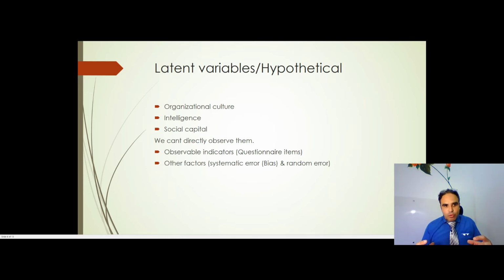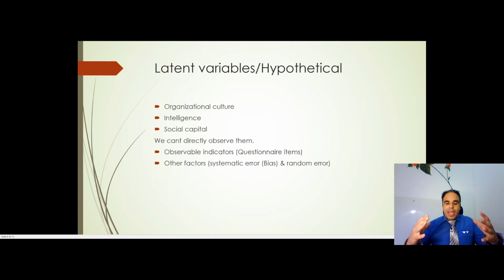However, we have to note as well that we always have to allow for systematic error and random error. So organizational culture can be measured by those observable variables or observable indicators.